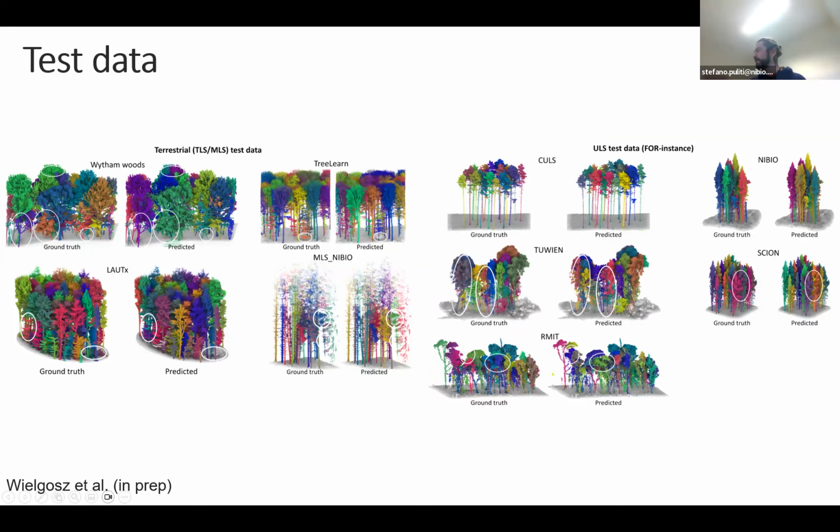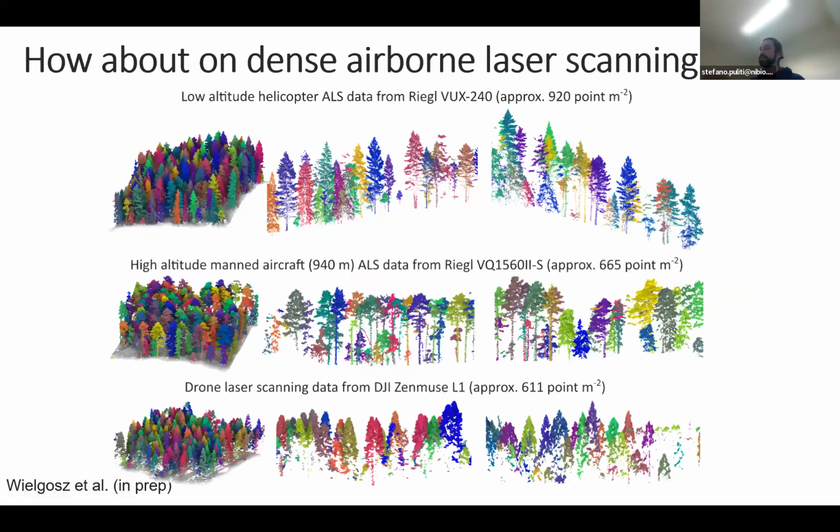I didn't include all the figures now, but what was particularly interesting is that when I applied this model to real data that we have, for example, the first row here is a data set collected with a helicopter, flying rather low, we see that our model could predict quite well on this data.